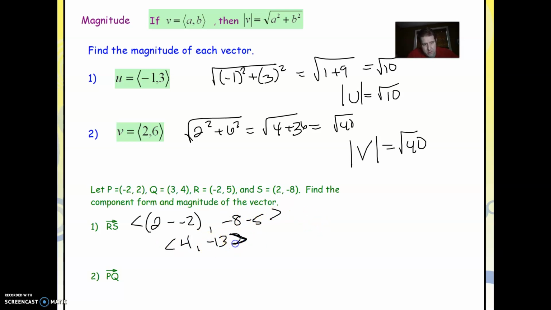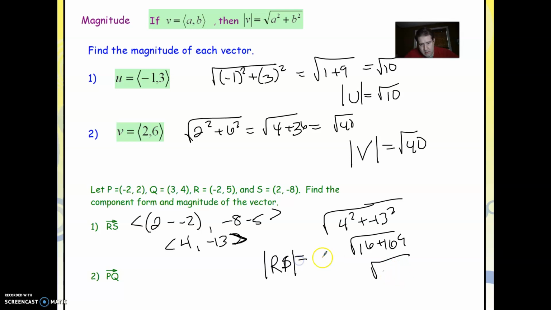It does also say to find the magnitude, so I would then do 4 squared plus negative 13 squared, which happens to be 16 plus 169, and therefore our magnitude of RS is the square root of 185. And once again, for the sake of saving time, I'm going to move to the next slide. I'm already at 11 minutes.